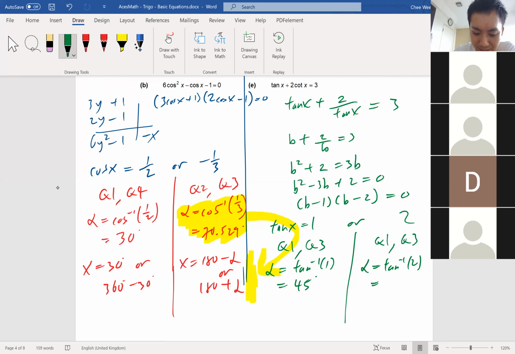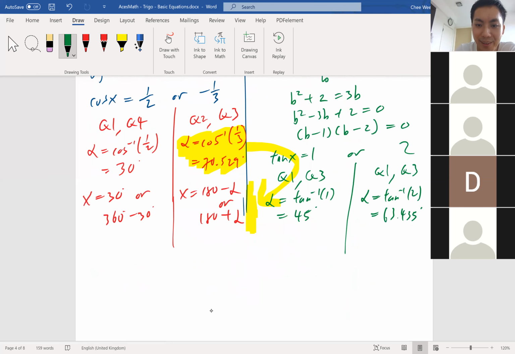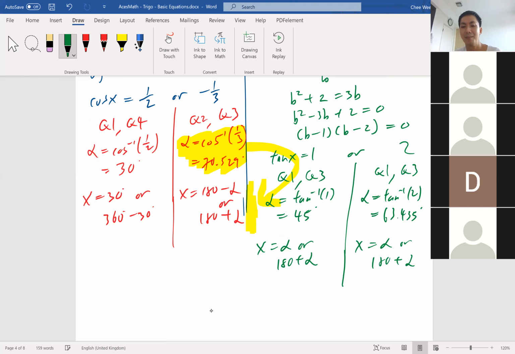On the other side, I'll give you 63.435. Get it now? So then x is alpha or 180 plus alpha. And x is alpha or 180 plus alpha. That's all. All these things are in degrees mode, so you are getting used to this. It's just a matter of presentation, that's all.